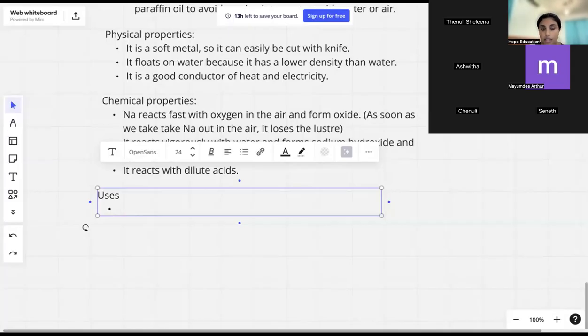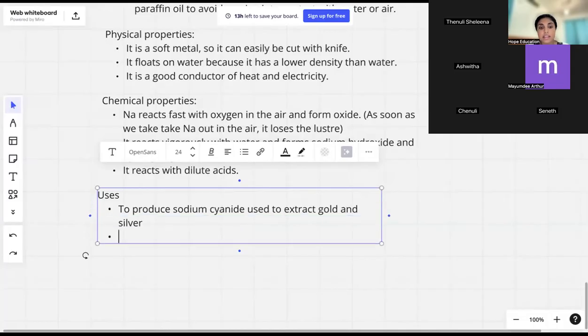It's very highly toxic, right? To make sodium cyanide we obviously use sodium, because the name itself says sodium cyanide. It is used to extract gold and silver. That is one of the uses of sodium.